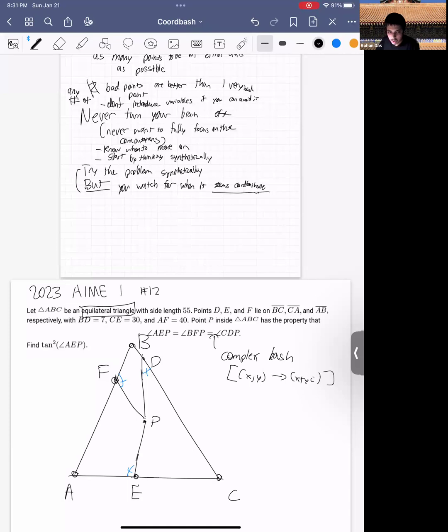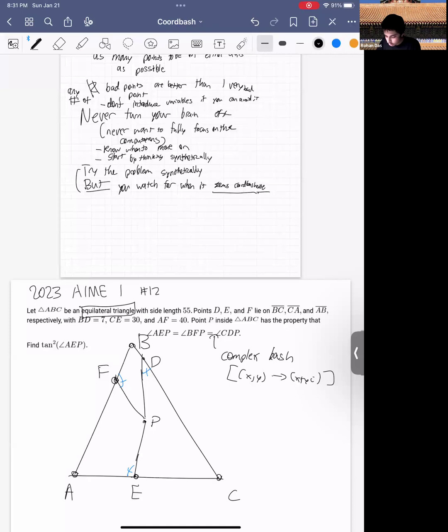And I sort of knew that this wasn't really going to work out, but I was quite inexperienced at the time, so I thought that if I spent enough time on it, it could work. I think I spent around an hour on this before I decided that I was not going to finish the complex bash in time. And only then did I try to think about this problem synthetically.